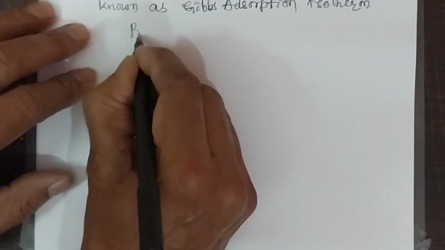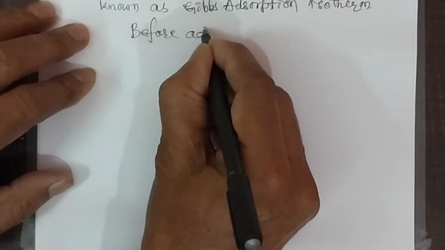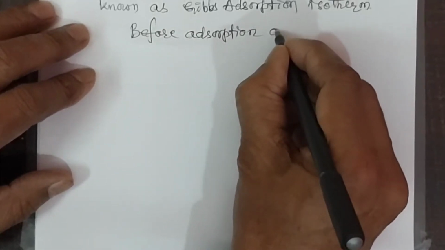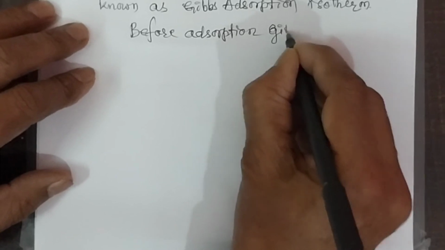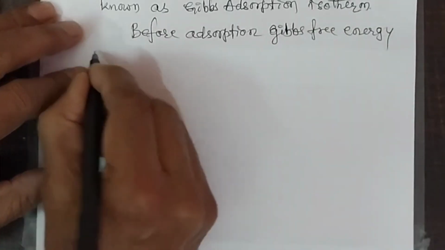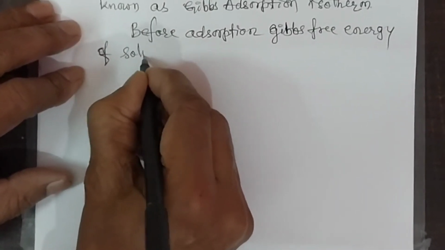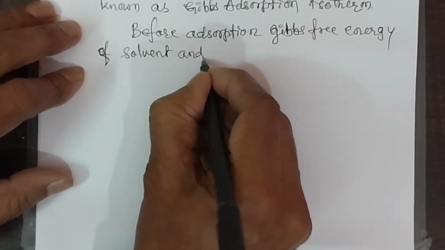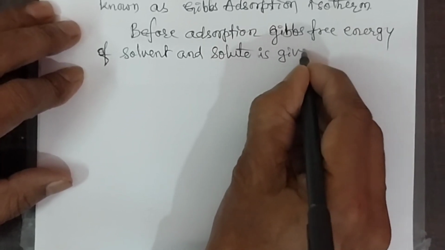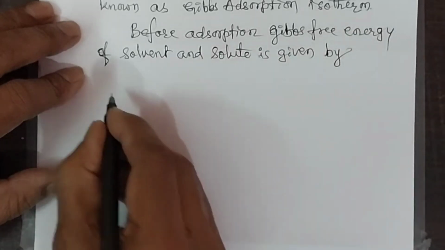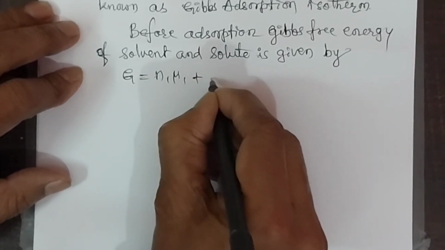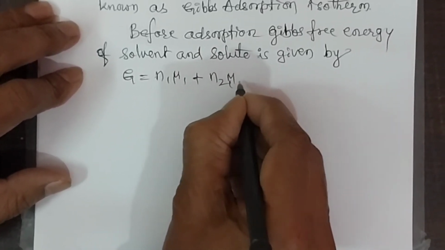Before adsorption, Gibbs free energy of solvent and solute is given by G equal to n1 mu1 plus n2 mu2.